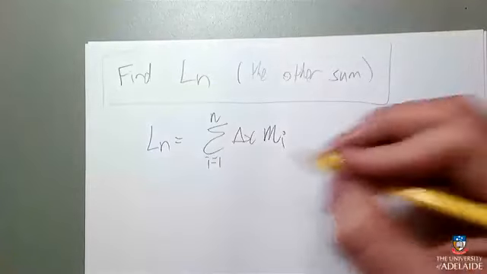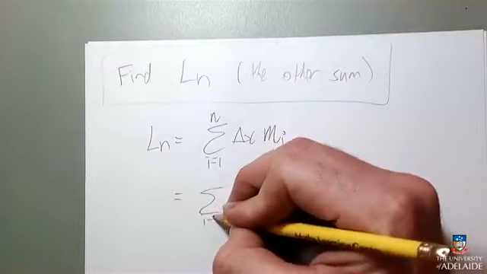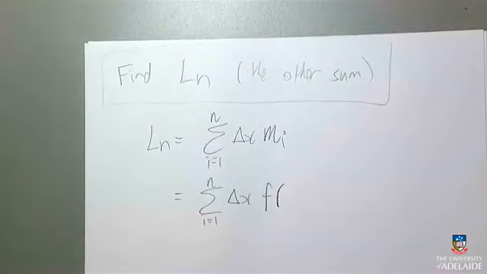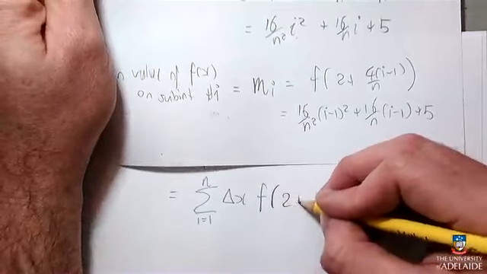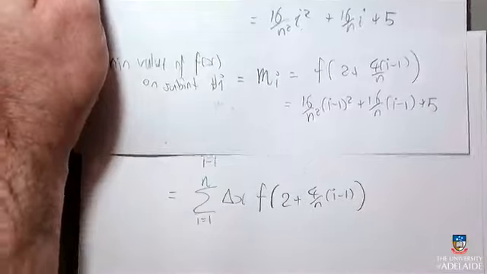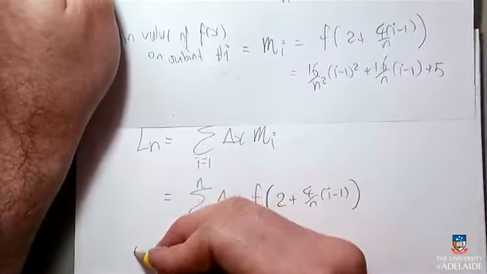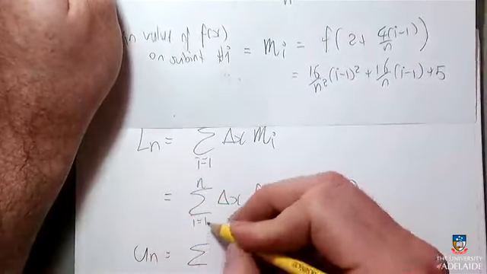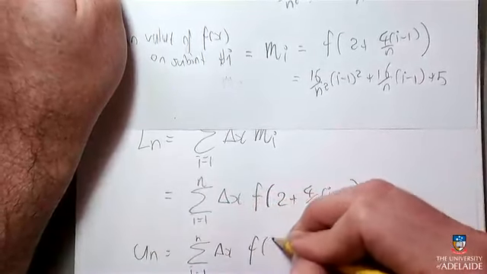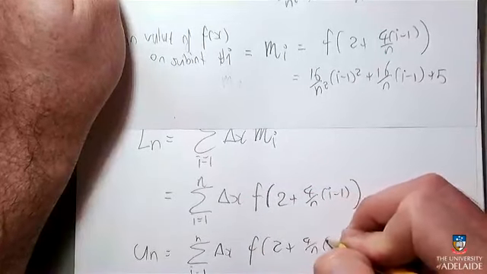And the little mi was f of 2 plus 4 on n x on one side. But the thing is that the Un was this.